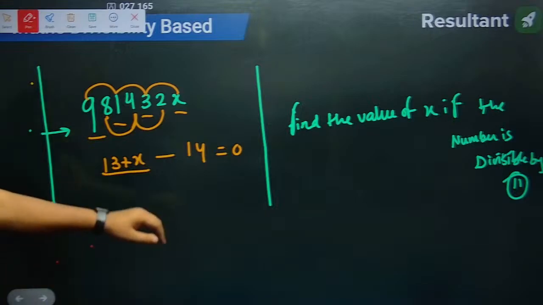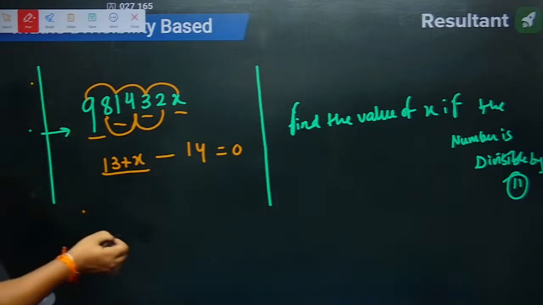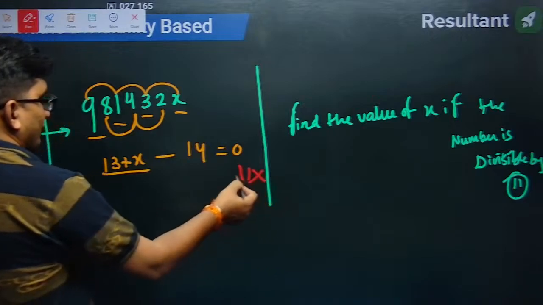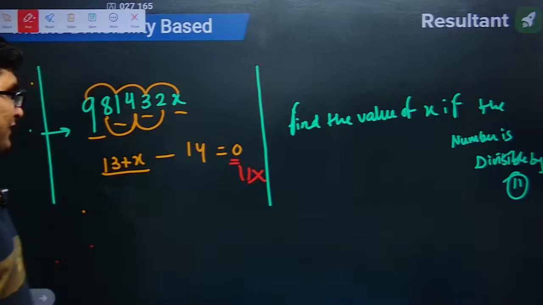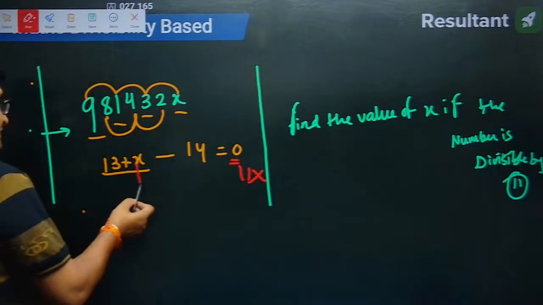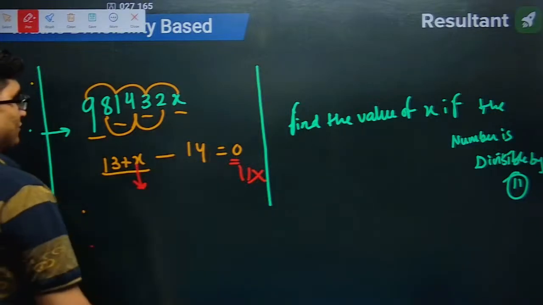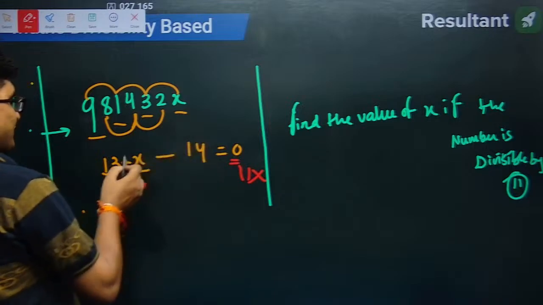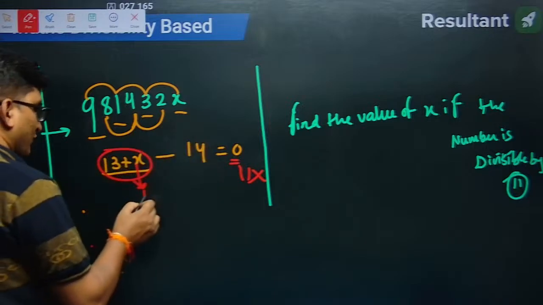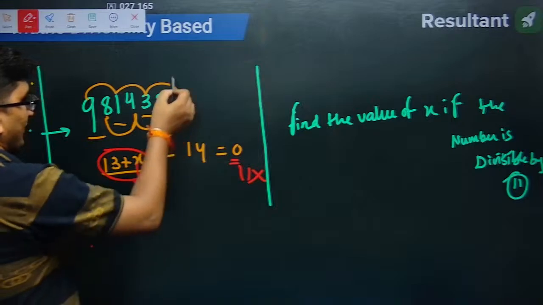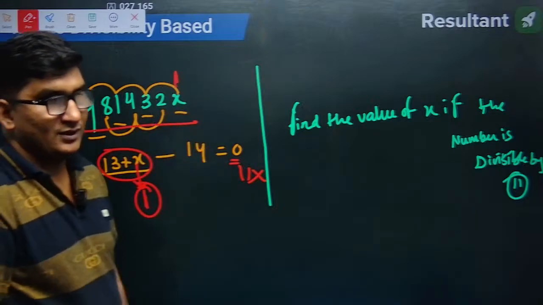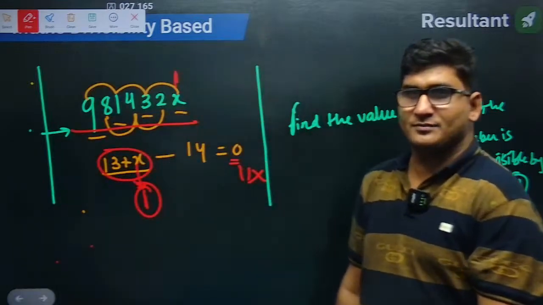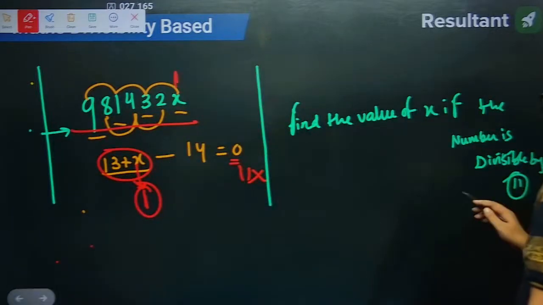So we cannot create difference 11. So we can create difference 0 because 0 will be divisible by 11. So what value can we put in the place of x so that the difference becomes 0? If that is 14 and that is 13 plus x, the value of x will be 1. If you write 1 here, definitely the number will be divisible by 11.